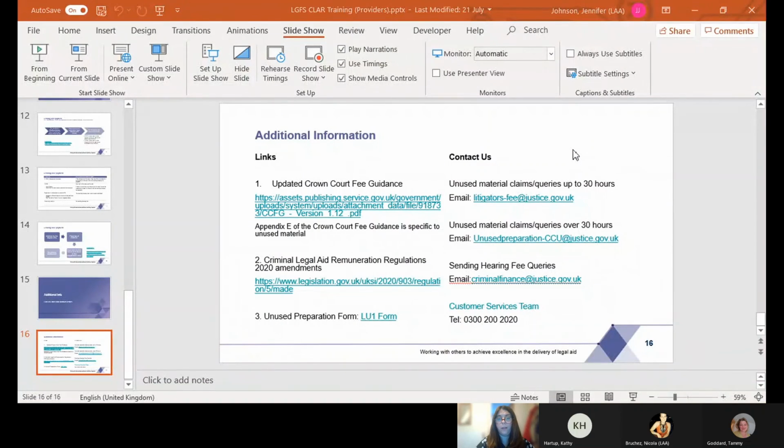It has a lot of information on how you can contact us for general queries in terms of unused material over 30 hours, and also the sending hearing fees. As you'll see, there are separate email addresses there, and also we have the links to the Crown Court fee guidance and the criminal legal aid remuneration regulations, as well as the LU1 form that Nicola went through in section 2. That concludes our presentation for today.